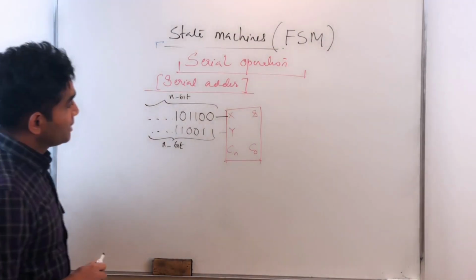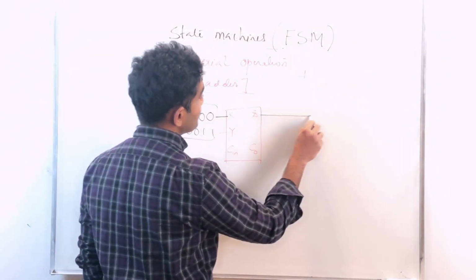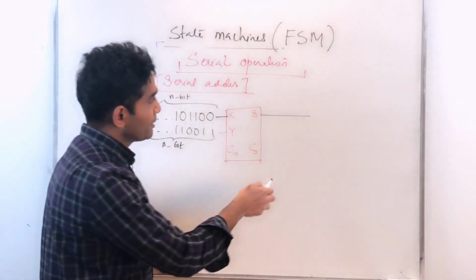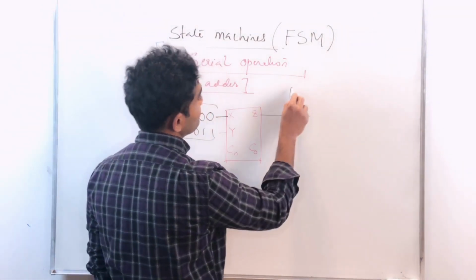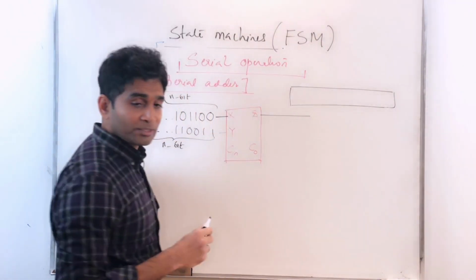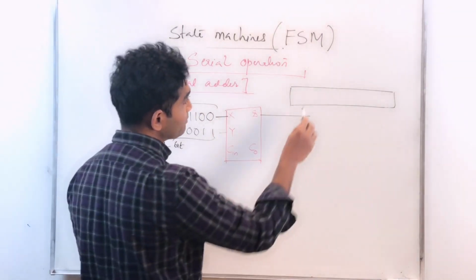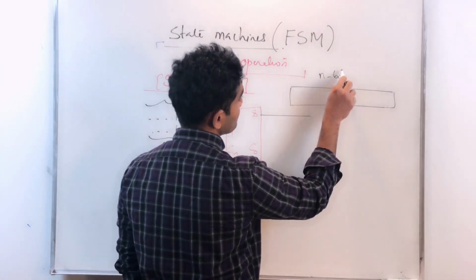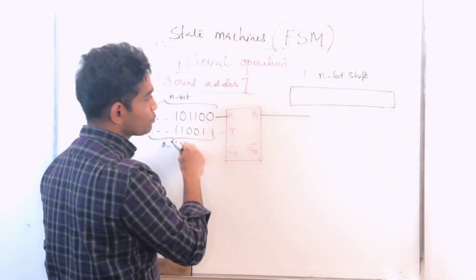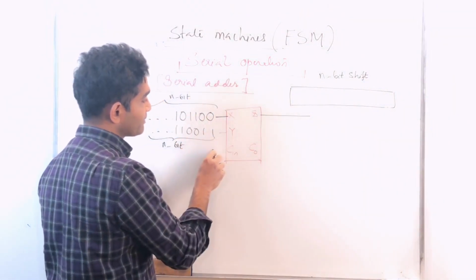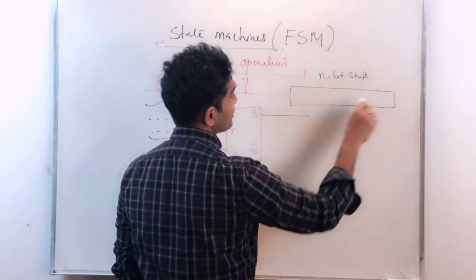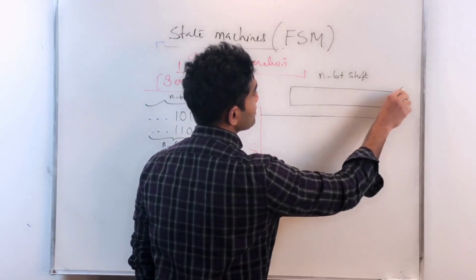Providing a sum, and in this case I'm trying to add these two bits together and store that sum. This is where we can actually find some uses for the shift registers. Let's say this is an n-bit shift register. I'm adding these two bits along with the previous carry, and pushing the resultant sum into this shift register.